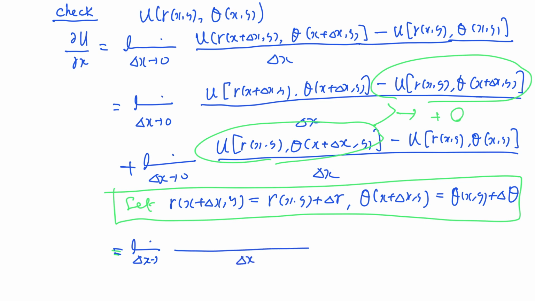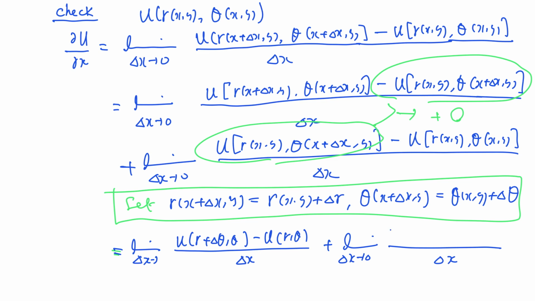The limit as delta x goes to 0 of [u(r plus delta r, theta) minus u(r, theta)] over delta x, plus [u(r, theta plus delta theta) minus u(r, theta)] over delta x.